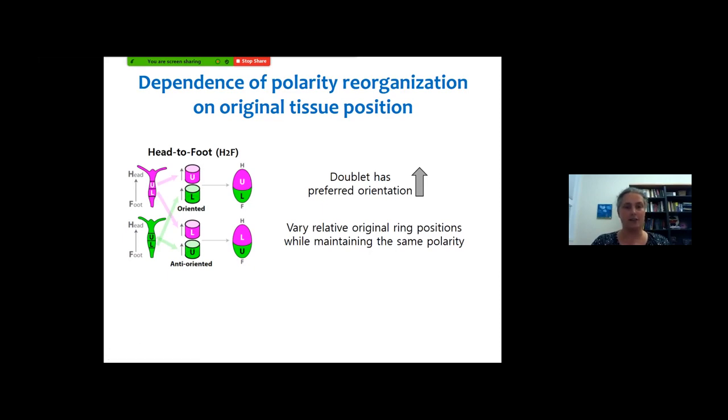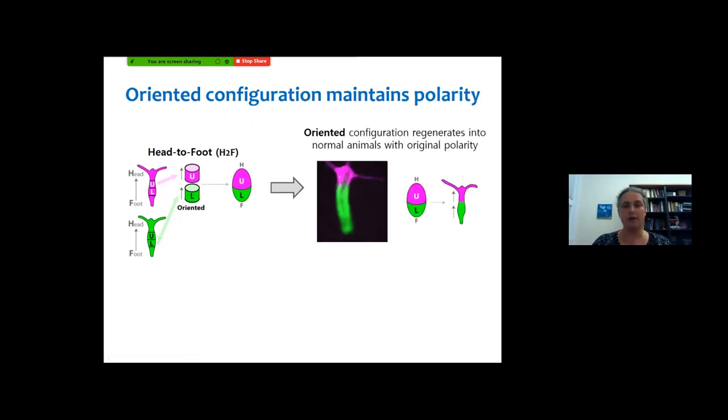It has an easy axis for polarity along the original axis, but there are differences in where the tissue comes from along the original body axis. When we look at the oriented configuration, we see that invariably we grow normal animals. Head formation is suppressed in the middle, and the free head side will grow a head, while maintaining the polarity of both rings.